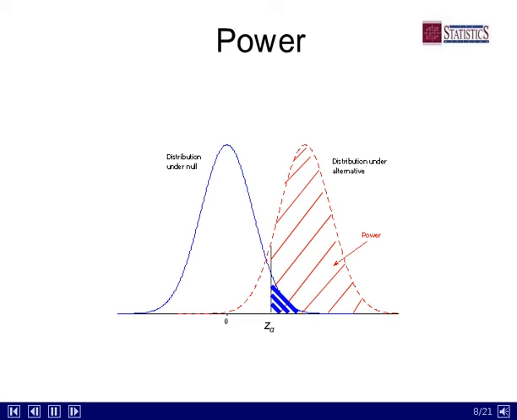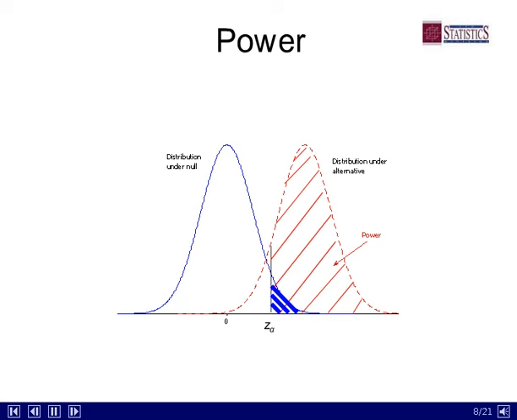Before we go to that, let's take a look at the pictures just to get an idea of what power is. Under the null hypothesis, which is the blue curve, we reject when we're right of z alpha. That is the type 1 error, the alpha value on the right-hand side. So the three big bold blue lines, that area represents alpha, the type 1 error.